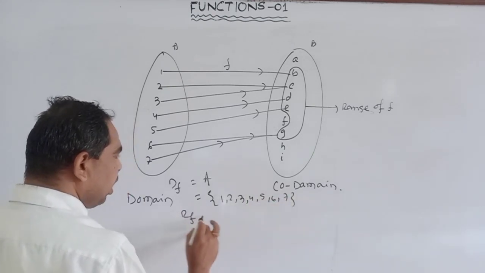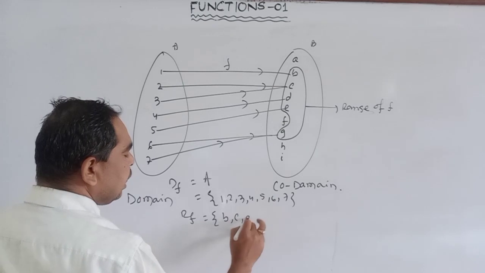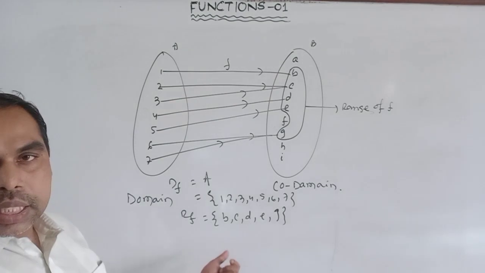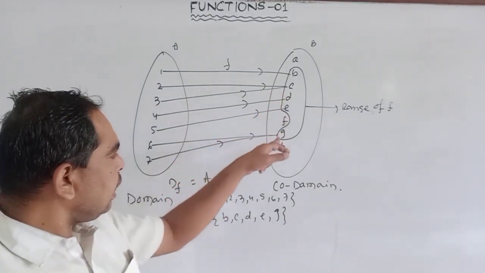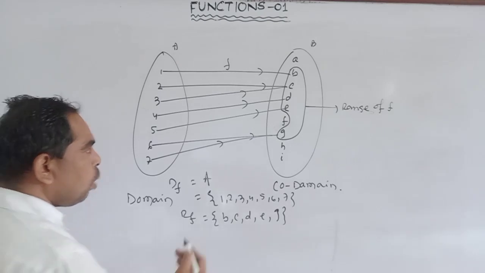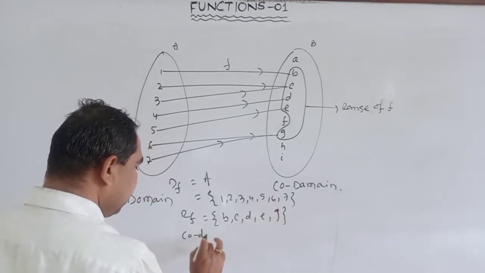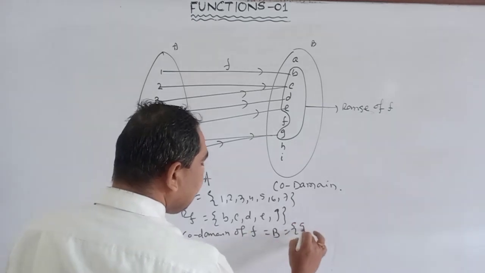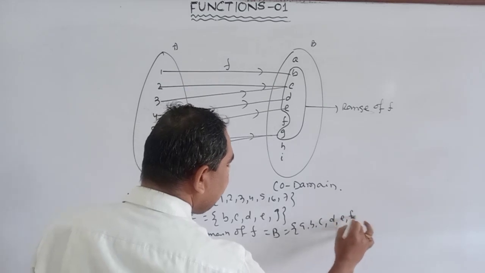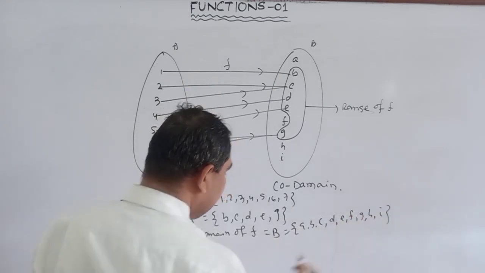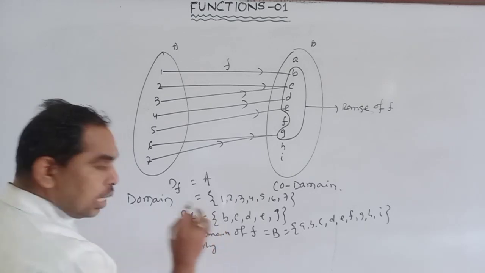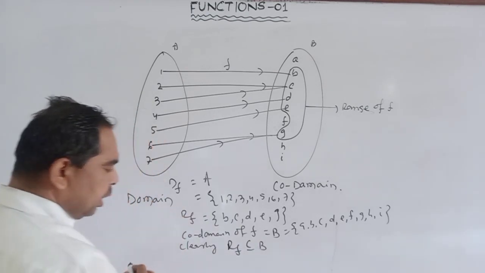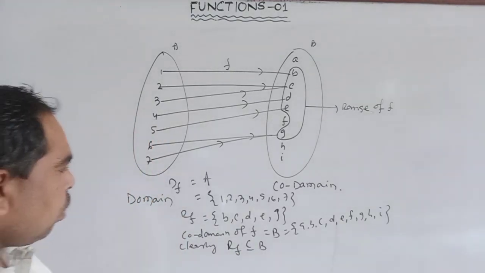The range of f means B, C, D, E, G. Codomain of f means the total set B, that is A, B, C, D, E, F, G, I. So clearly, range is a subset of codomain. Range of f is a subset of codomain.